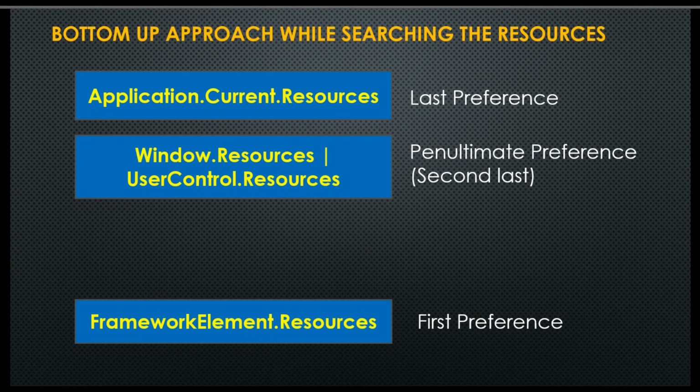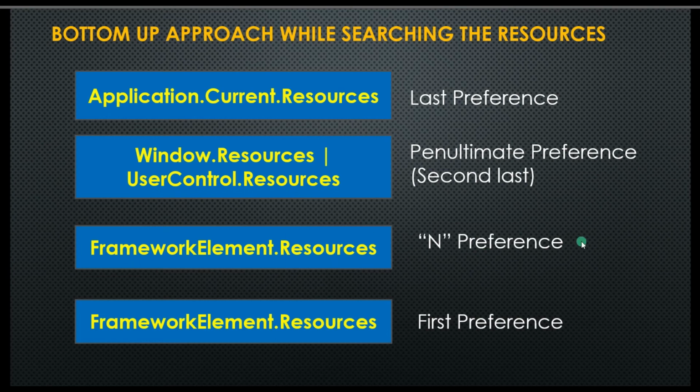A text block can even contain its own resource dictionary, so it will first try to find the framework element's resources. And if the text block is present inside, let's say, a grid, then it will search the grid resources. If it is not there, it will go up again, maybe to another border. So there are a lot of possibilities in between. If nothing is present, then it will at last go to your application.current.resources. So this is the approach of searching for your resource dictionaries.